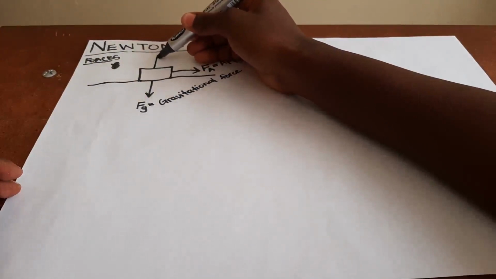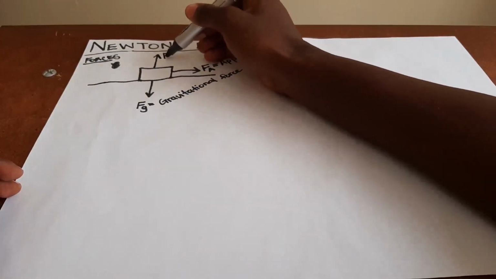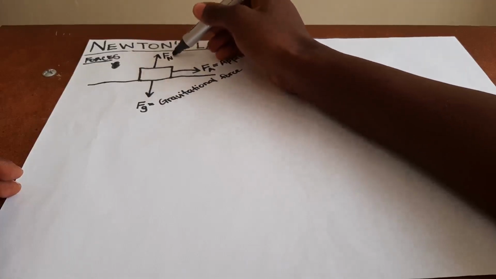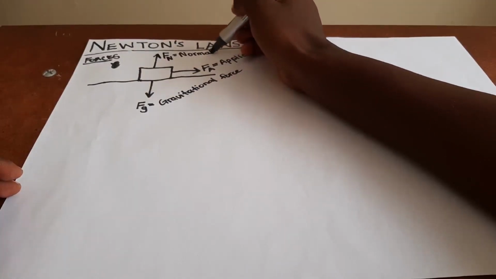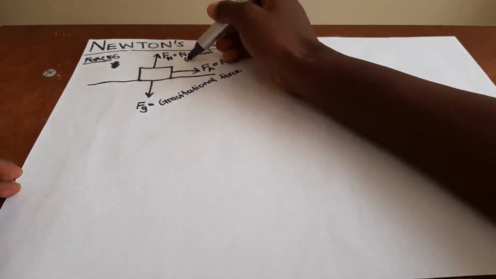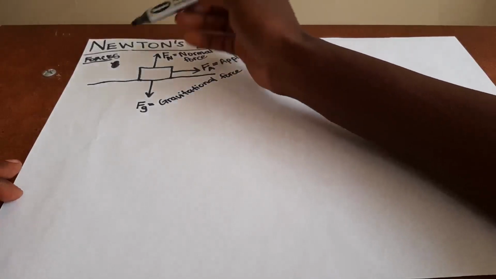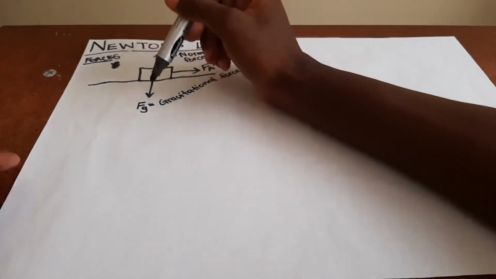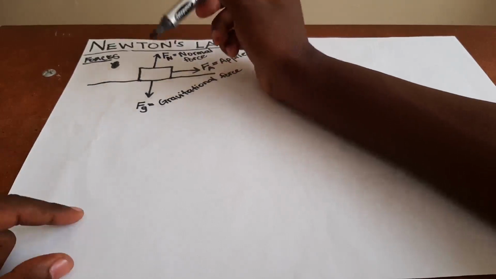This is the normal force. Mind you, normal force acts perpendicular from the ground, 90 degrees, opposing the gravitational force.